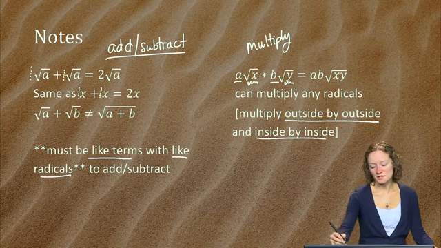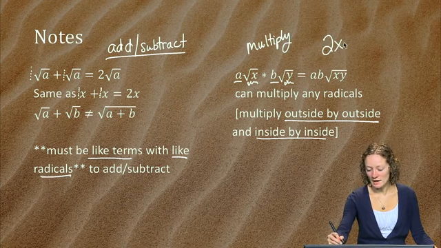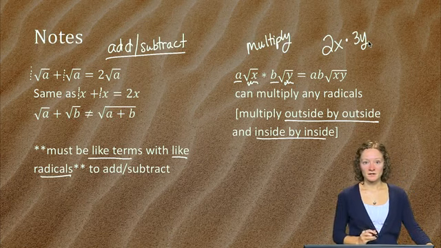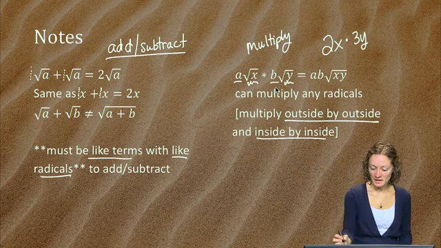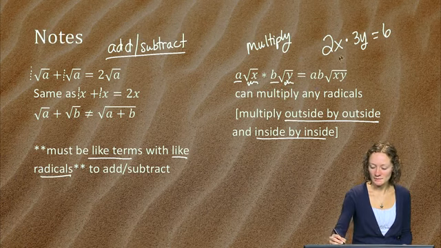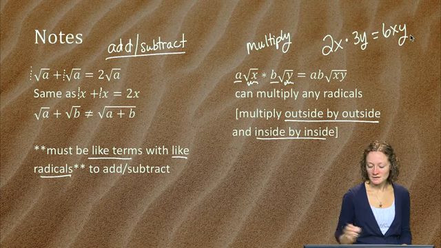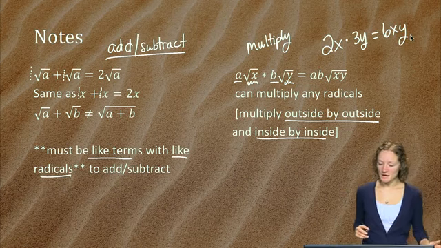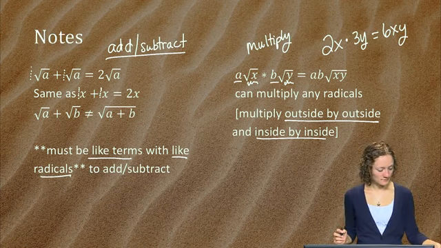You can think of this just like you would multiplying 2x times 3y. You can multiply those coefficients, a and b. 2 times 3 gives you 6. And then the inside stuff is sort of like variables, x times y. So we get 6xy. Multiplies in a pretty similar way.